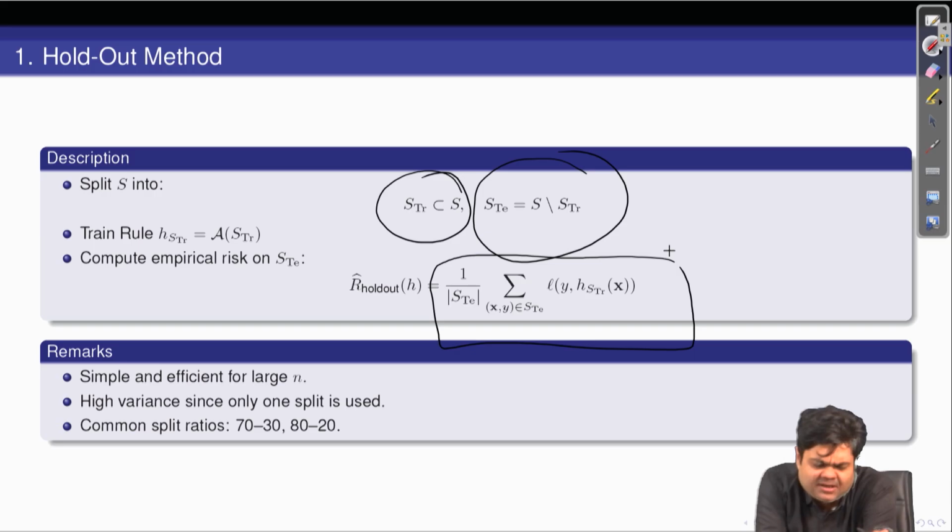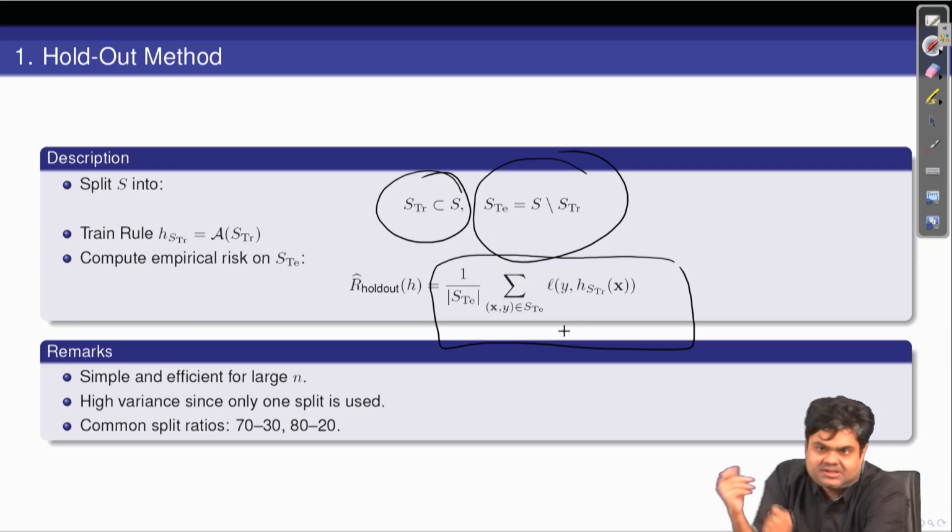Generally speaking, it will have high variance because you are testing this loss function based on only one particular sample. You are not doing any so-called resampling, which we will see in the more advanced methods in a moment. The common split ratio is generally 70-30 or 80-20 as we discussed in the last class.